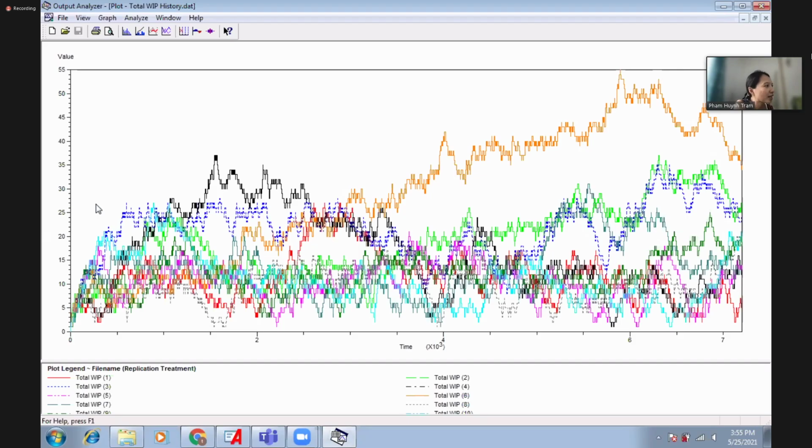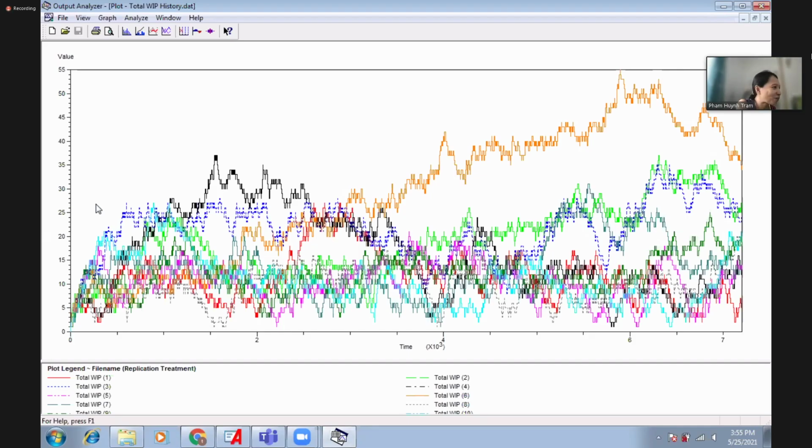So perhaps if we want to do that, we have to export the data and plot the ensemble average ourselves to get a smoother one. Right now, I cannot find any function in Arena to do that, so we just plot individual replications like that and use our eyeballs to detect the warm-up length.